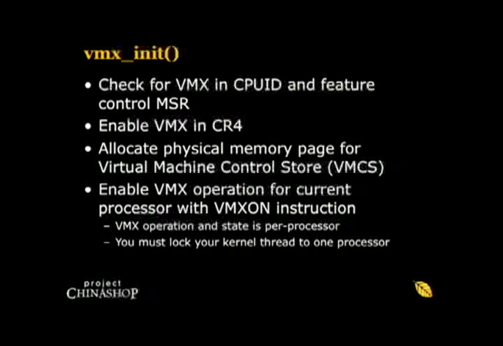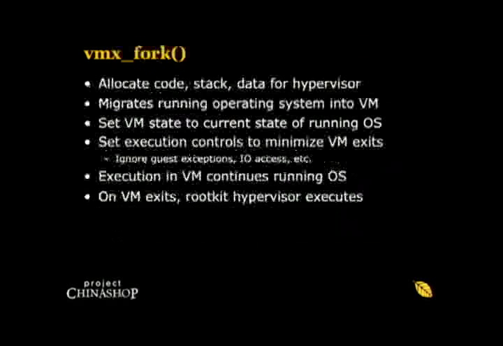A fun thing of development was that I'm on a Core Duo, and my kernel thread kept migrating between processors in the middle, and that was awesome. So I just turned one off. It's called cheating for a demo and a prototype. But when you're developing production systems like this, Xen has to do a lot of work to make sure they're on the same processor and keep the state separate between processors. It's an added caveat.